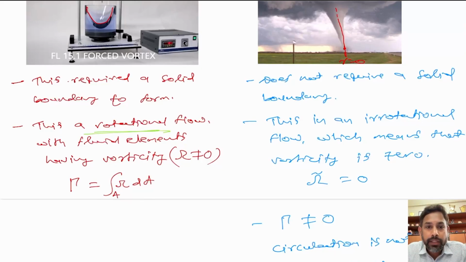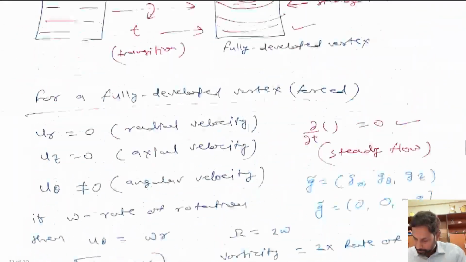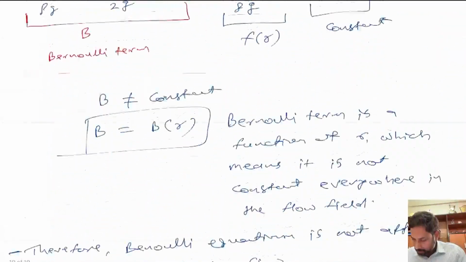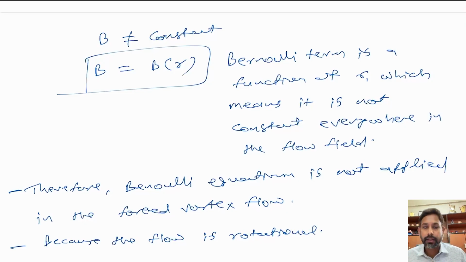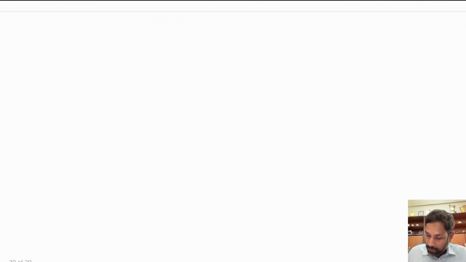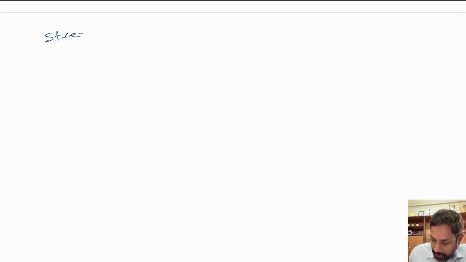Whereas we know that the Bernoulli equation is fully satisfied only in the case of irrotational flow. If the flow is rotational, then it is valid only on a streamline, right? And that is something we are going to check, whether it is actually applicable on the streamlines or not. So here the Bernoulli equation is not applied in the forced vortex flow because the flow is rotational.